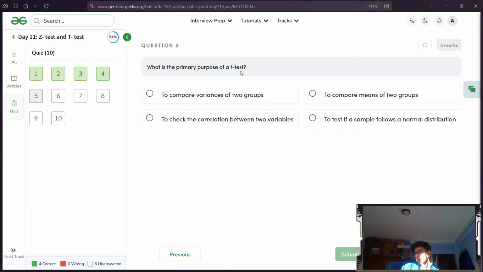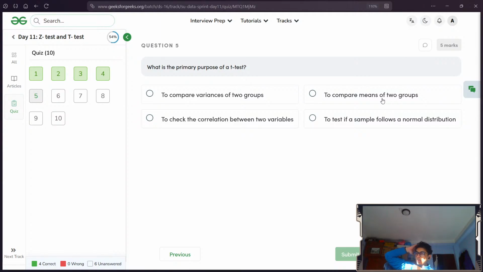Correlation is not, to test if a sample follows a normal distribution, no. Compare variances or compare means of two groups. Which one is correct? Variances or means? Means should be the right answer, right?